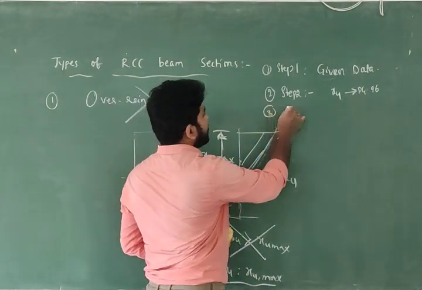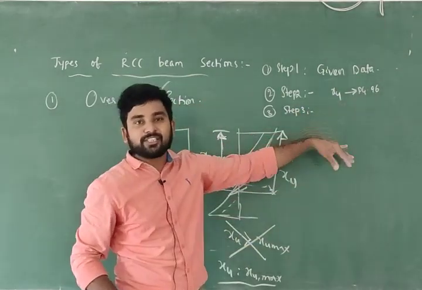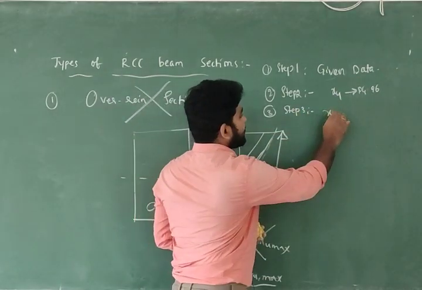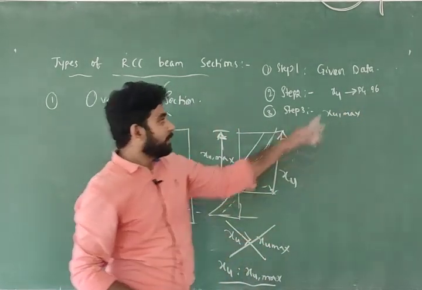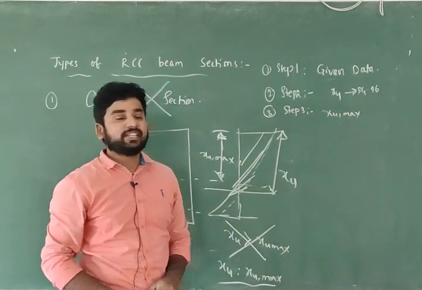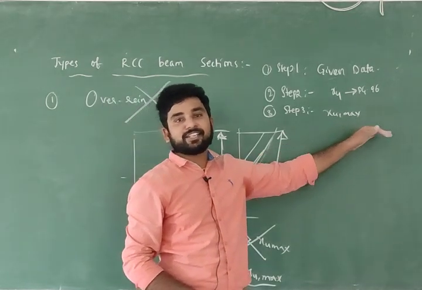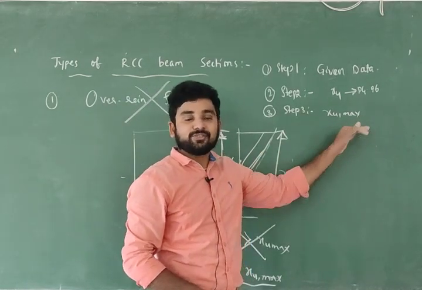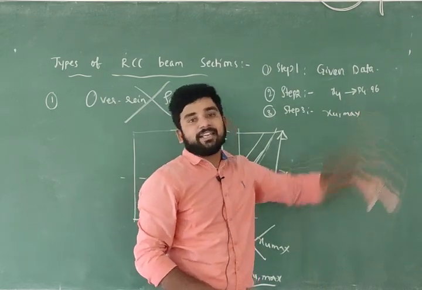So next, in step 3, after getting XU, what do you have to find out next? The maximum depth of neutral axis. Obviously. Why? Because if you know these two values, you can find out by comparison whether XU is less than XU maximum, or XU equals XU maximum, or XU is more than XU maximum.